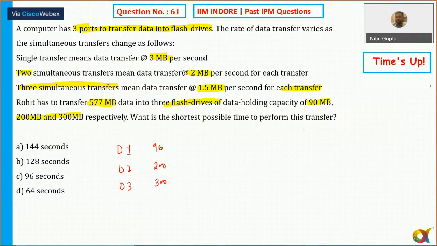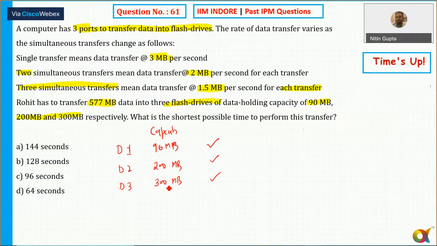First of all, I'll take the first case when all the 3 are working together. Since I need to minimize the time, let's say all the 3 drives are working together.